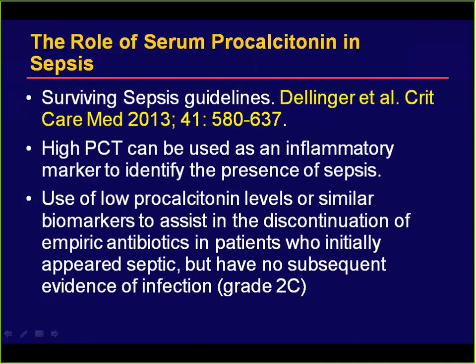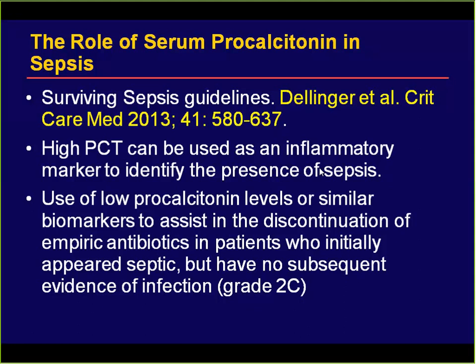I think it still is a clinical judgment as to whether a patient has sepsis and whether you want to use antibiotics. And again, I don't think that the purpose of a biomarker in the setting of clinical sepsis is to withhold therapy, but the real benefit is to measure it serially. A lot of people who you initially think are septic turn out to have other things. This may clue you in that it's just not necessary to continue the antibiotics.